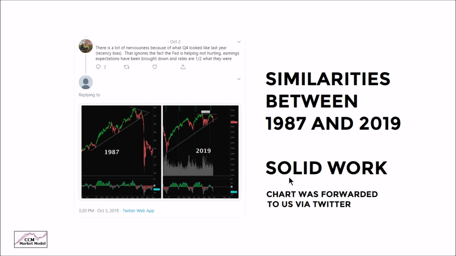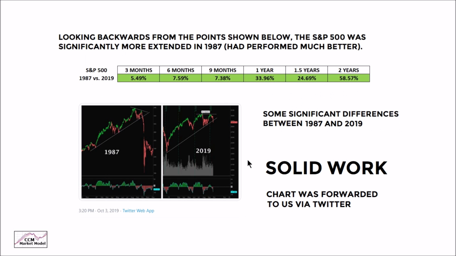Can't emphasize enough, there's nothing wrong with this chart. And if we thought there was something obviously wrong with it, we wouldn't be looking at it. But it's also noteworthy, there are some very significant differences between this point here and this point here. If we look backwards from this point here, and if we look backwards from this point here, the market here was extended significantly on a relative basis looking back 3 months. 1987, the gains were better by 5%, 6 months, 7%, 9 months, 7%.